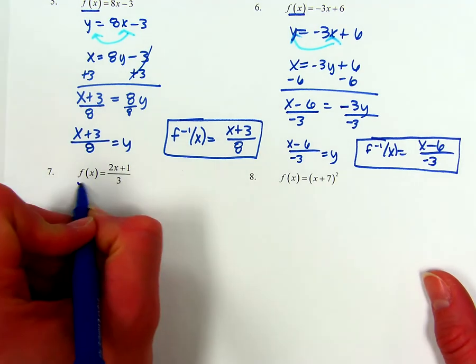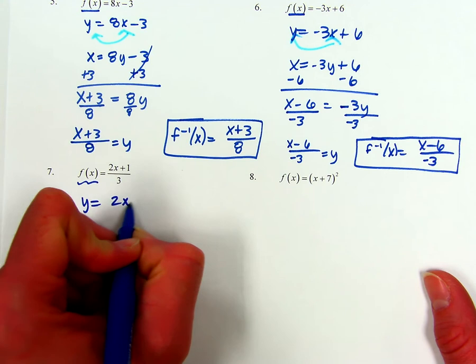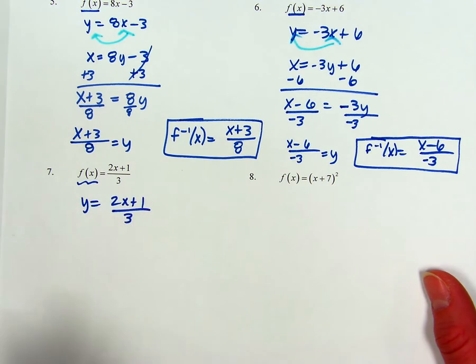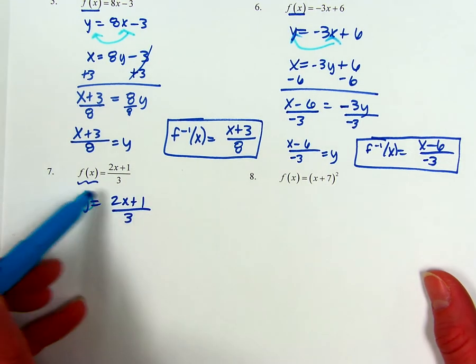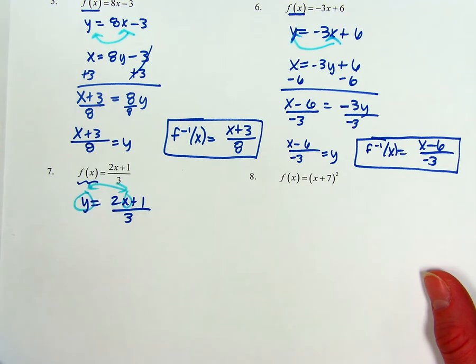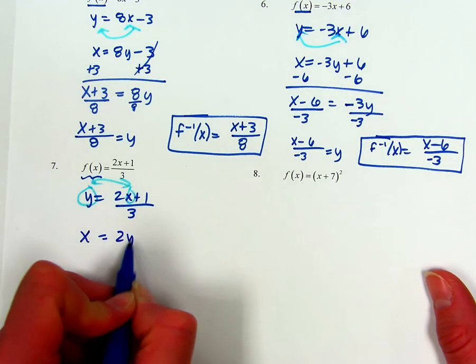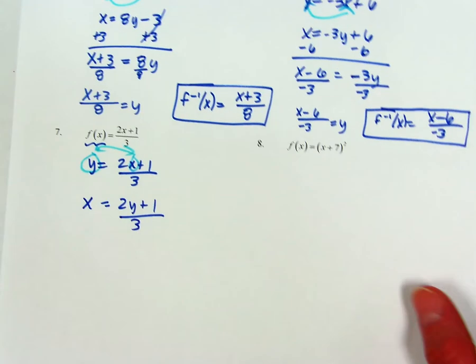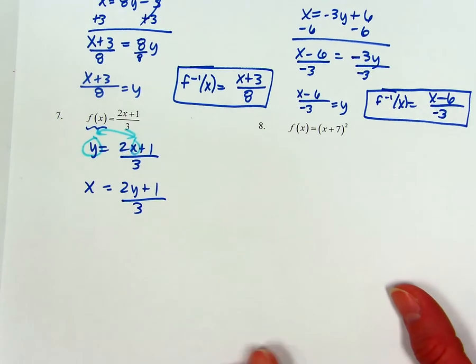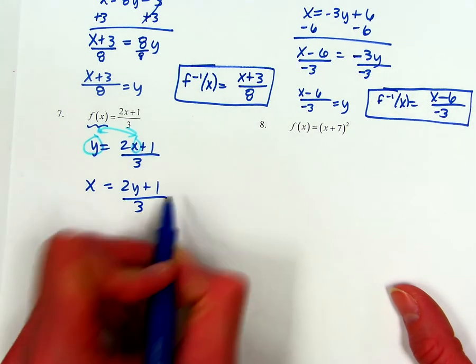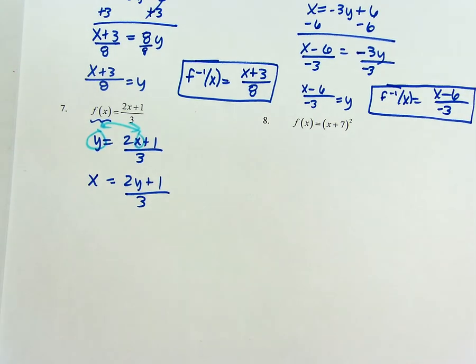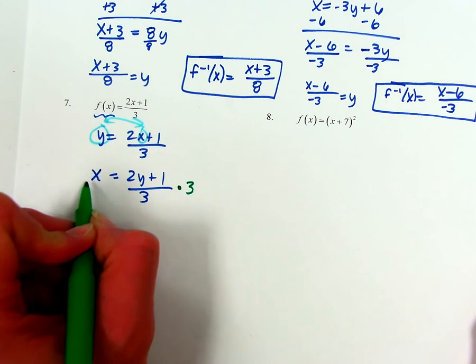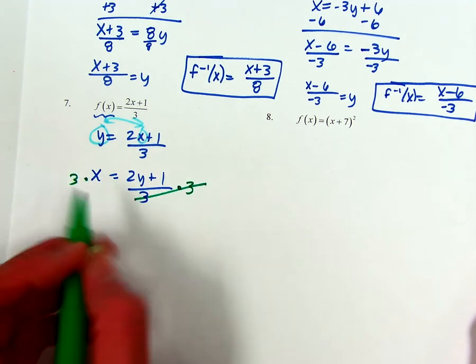All right, this one we got y equals 2x plus 1 over 3. Take my x and y and switch them. We have x equals 2y plus 1 over 3. So this time we have a 1, a 2, and a 3 to get rid of. So we're going to get rid of division first. You're going to multiply by 3 on both sides. That gets rid of our division.